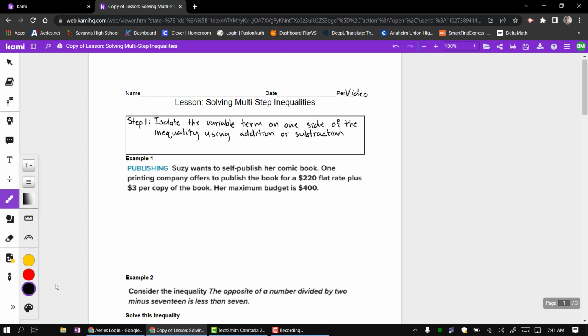And then our second step is we're going to multiply or divide to isolate the variable.